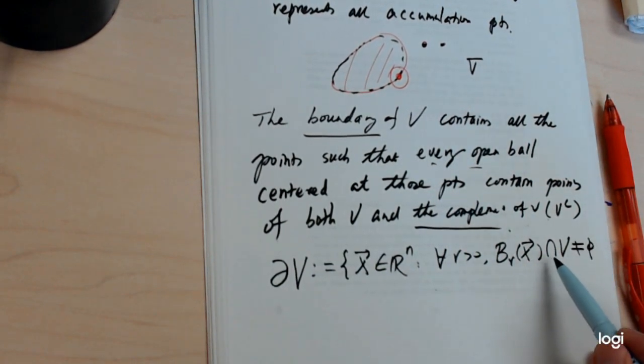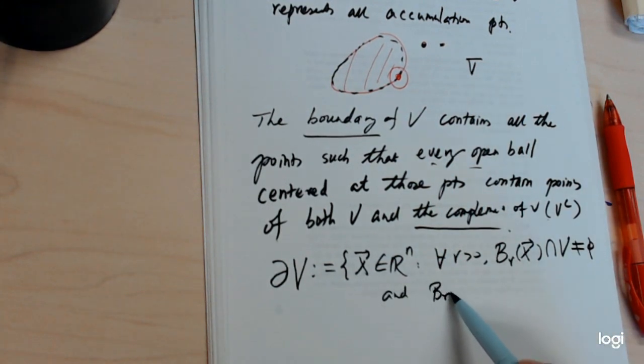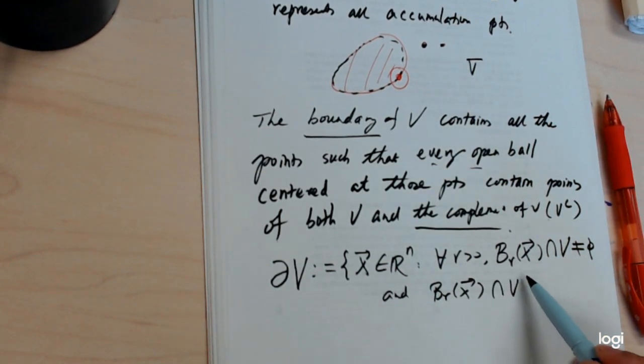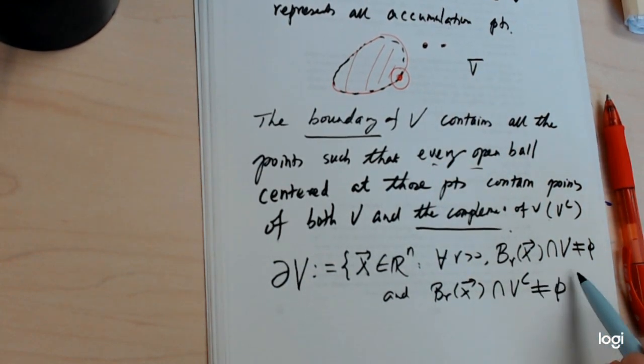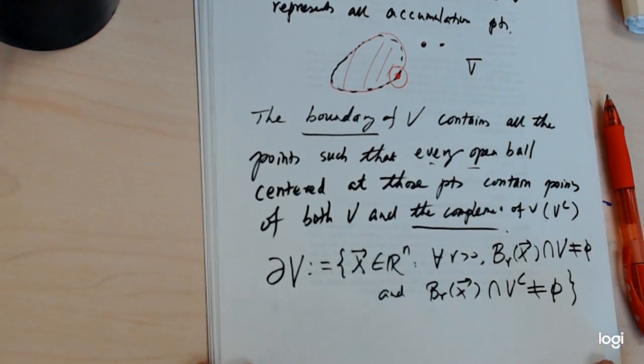In other words, it has points from V. And also the intersection between the open ball and the complement is not empty either, okay? And then we define those points to be the boundary.